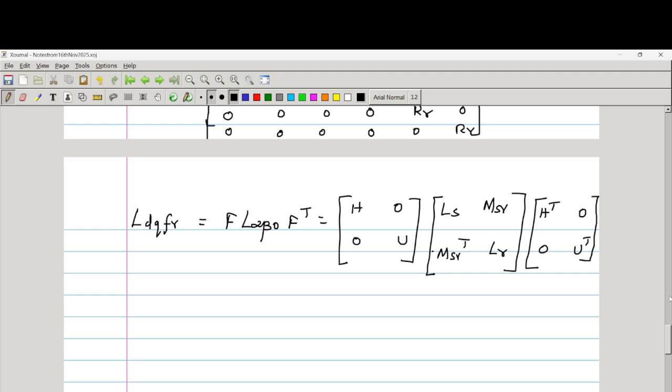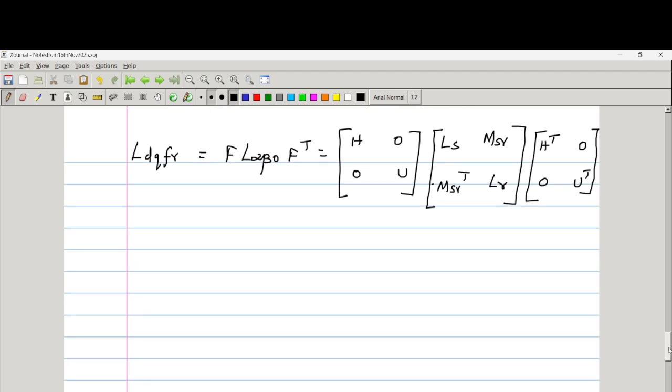So now when we substitute all, already we know what is meant by H0, what is meant by U matrix, similarly LS as well. So when we do this, the final value becomes a 6 cross 6 matrix: LS 0, 0, then 0, LS 0, then 0, 0, LS, then here mutual inductance M 0, 0, then 0, M 0, then 0, 0, 0.